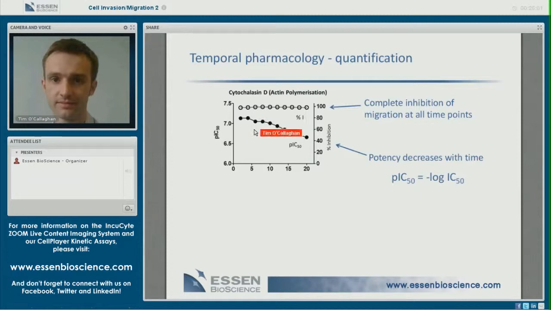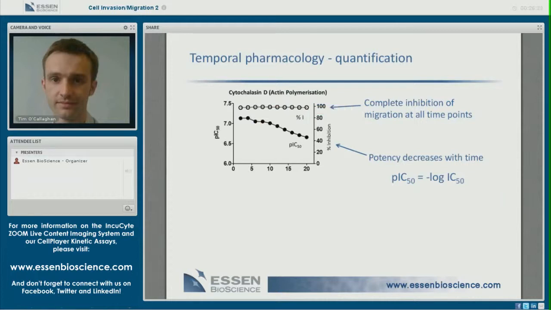And for cytochalasin D, we can see that the potency measurement decreases with time. However, the maximal inhibition observed at each time point is constant at 100%, illustrating that complete inhibition of migration is observed at all time points.